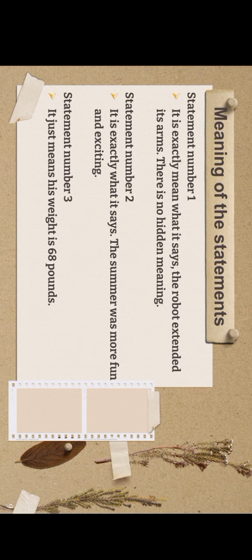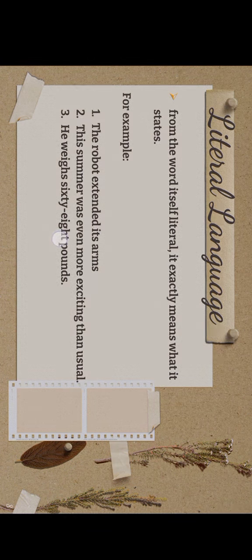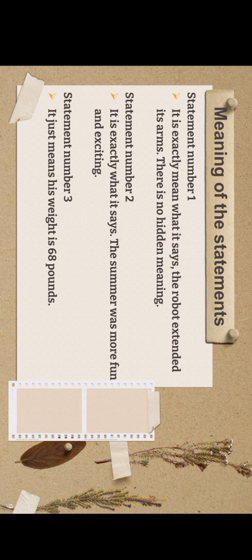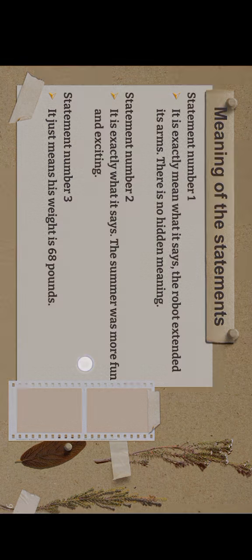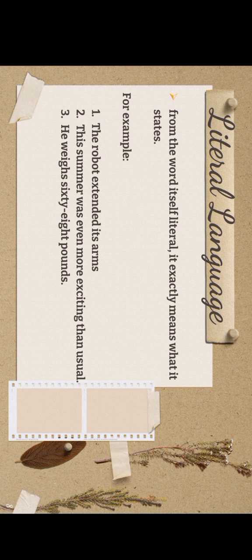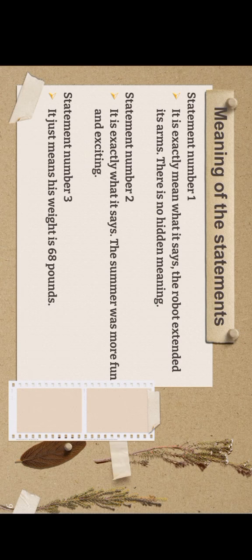In statement number two, the summer was more fun and exciting. That is the literal meaning. And in number three, he weighs 68 pounds. The literal meaning is that the man weighs exactly 68 pounds. Do you get it?